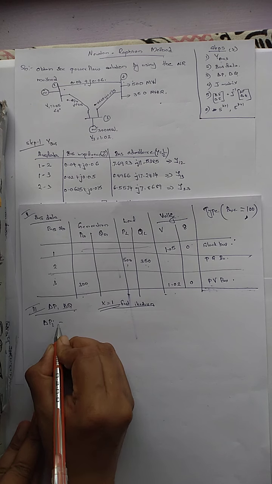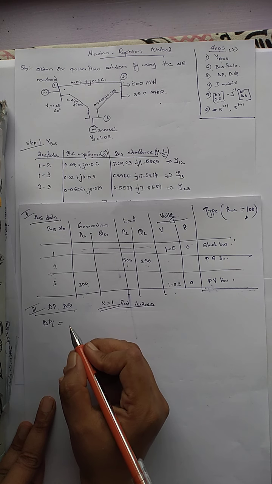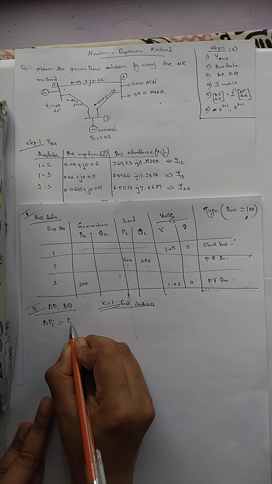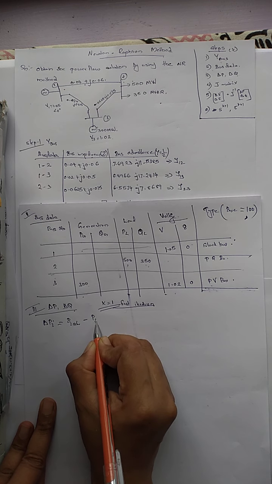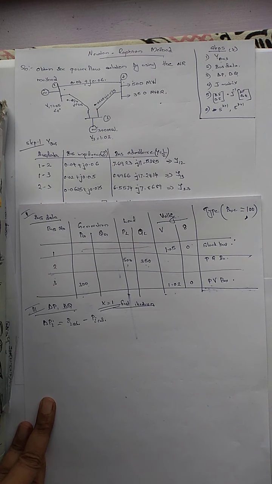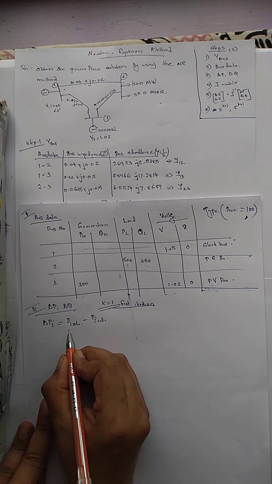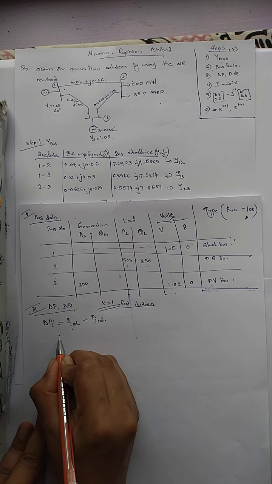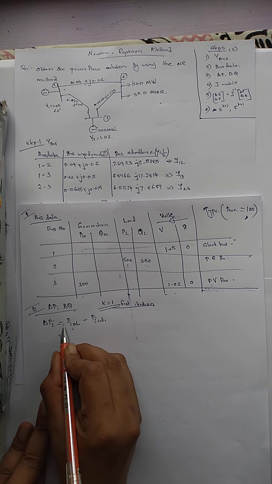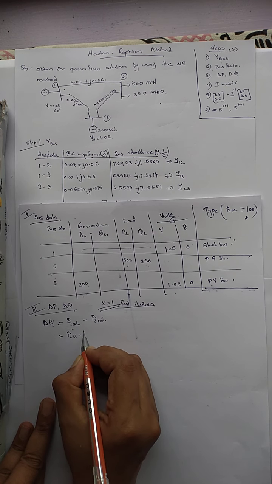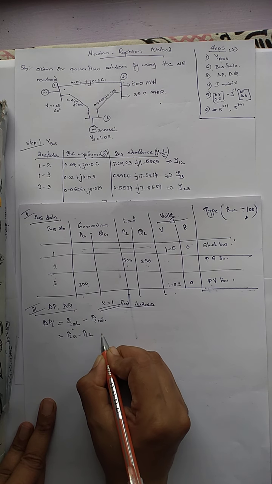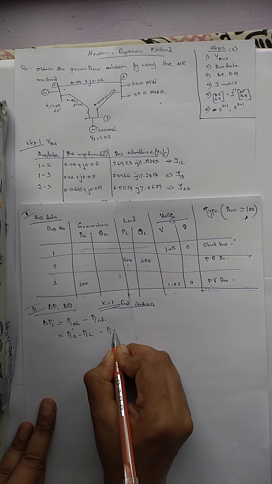Delta Pi should be equal to Pi scheduled minus Pi calculated. What is Pi scheduled? That is already in the system. Pi scheduled will be equal to Pi generated minus Pi load.